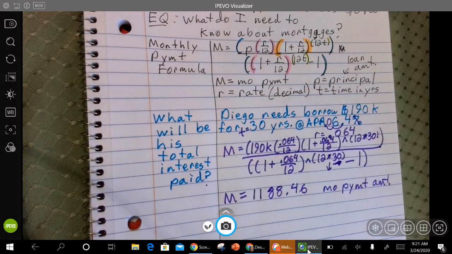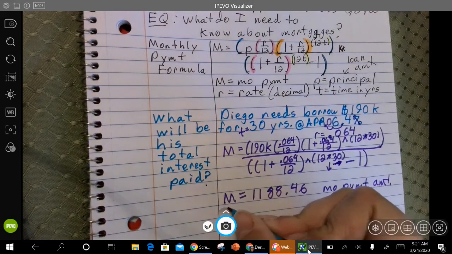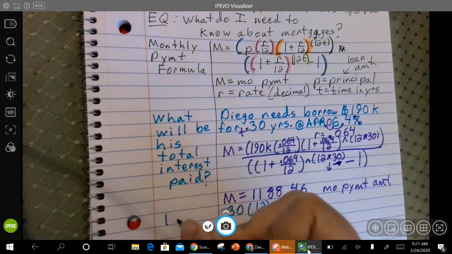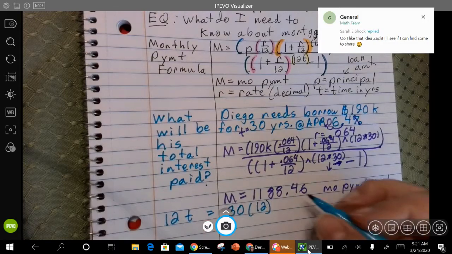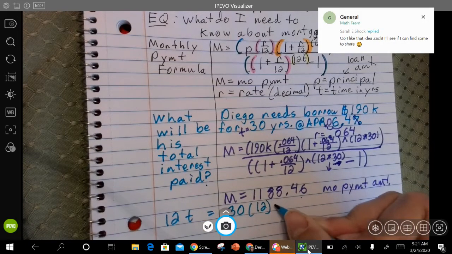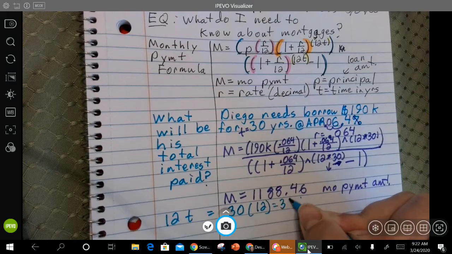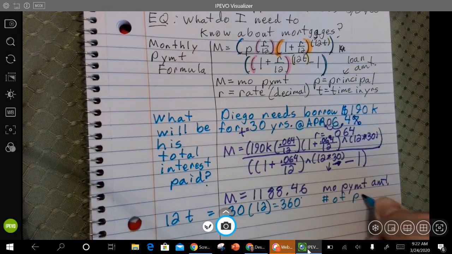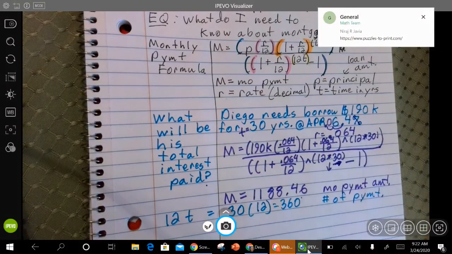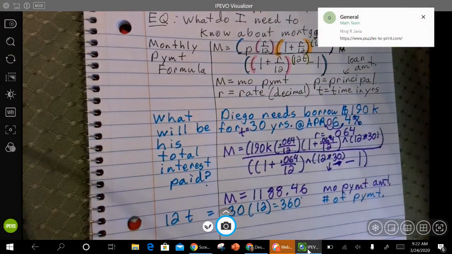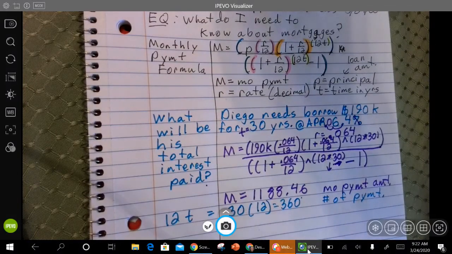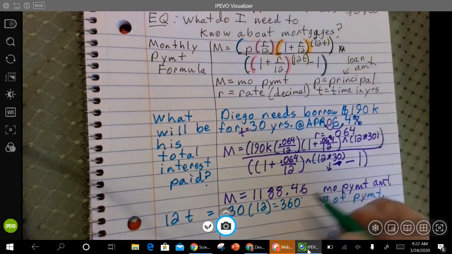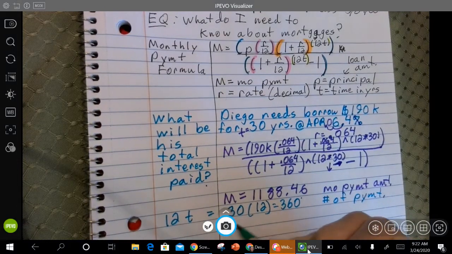Okay, and then we have to do number of payments. So that's going to be the time times 12. Okay, so 30 times 12. Okay, this is the number of payments. Okay, total paid. So total paid is going to be the monthly payment amount.